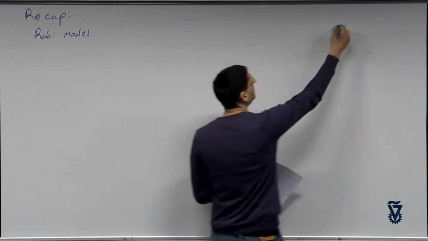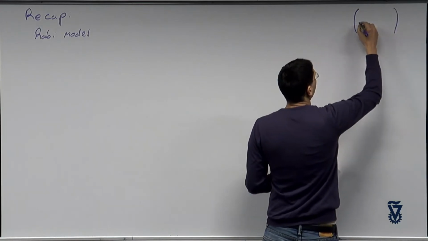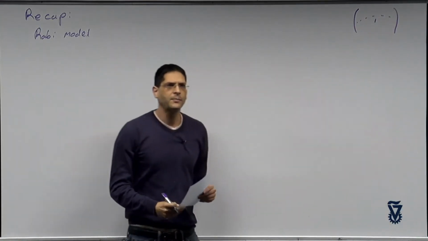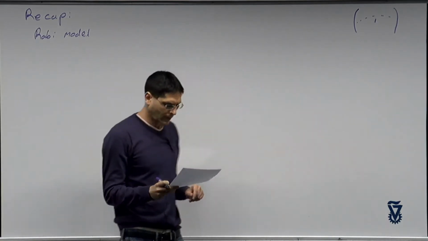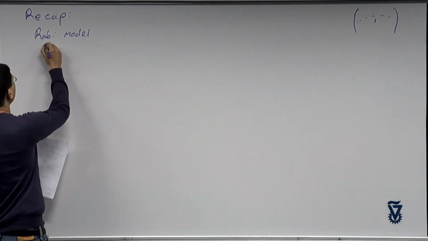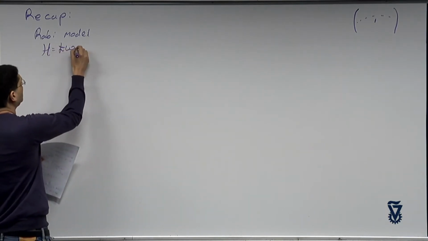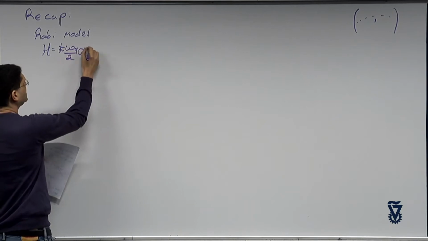So we imagined a cavity with some kind of mode, and inside this cavity just a dipole, sitting there. Okay? And so the Hamiltonian that described the Rabi model was h bar omega q over 2 sigma z.